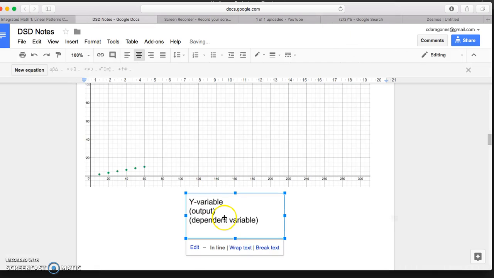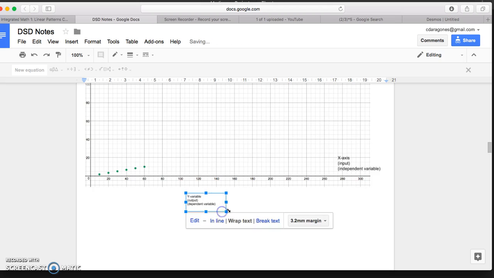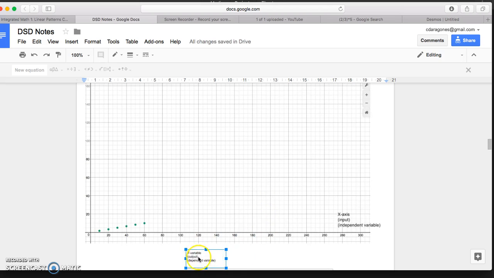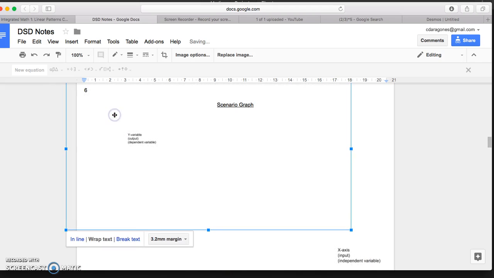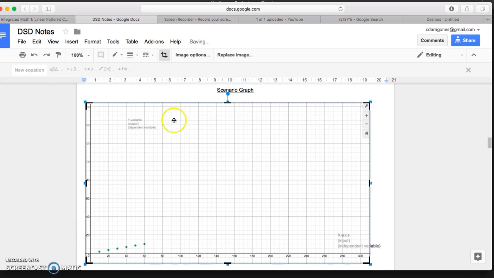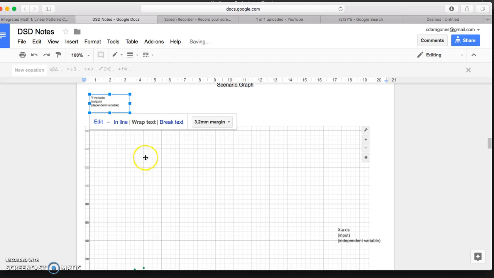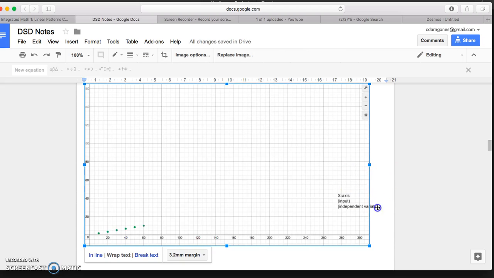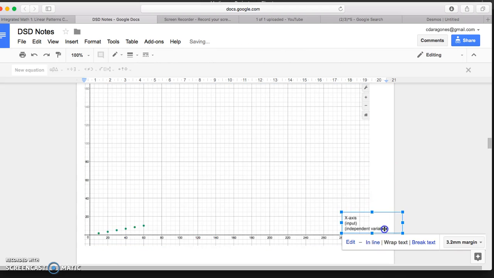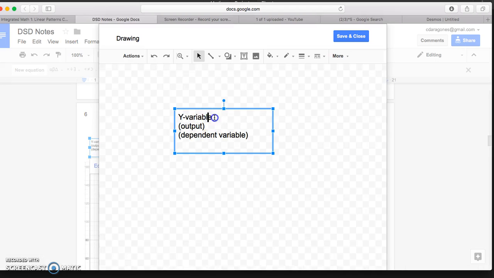Okay, so I'll just make that a little smaller. And we're gonna go ahead and label my y variable. Okay, so my x-axis and my y-axis are, oh whoops, sorry, this is a mistake, it should say y-axis.